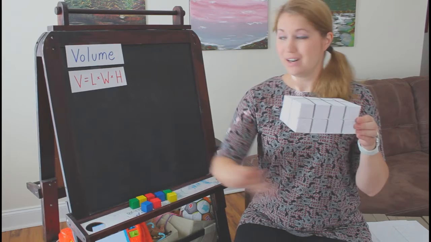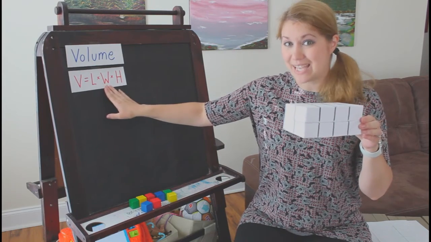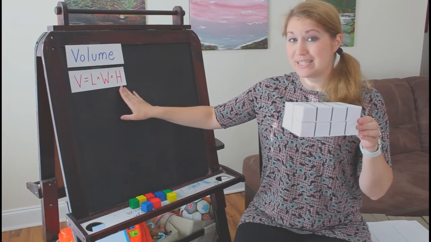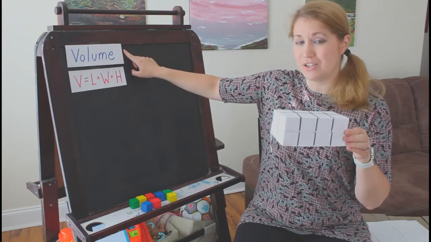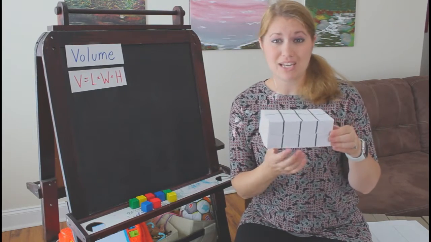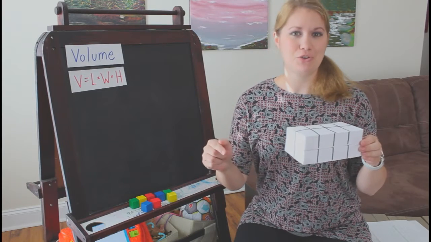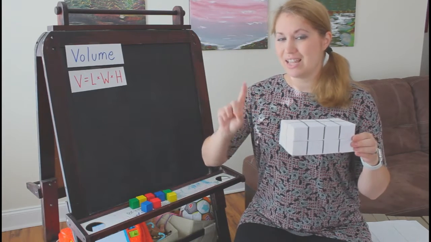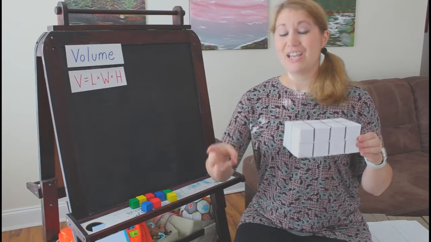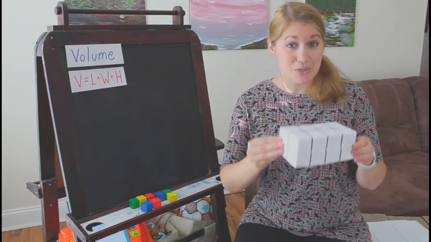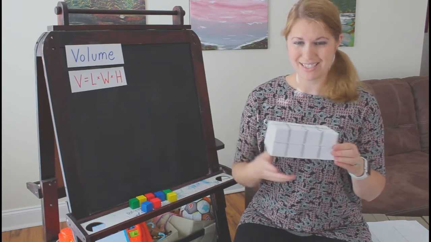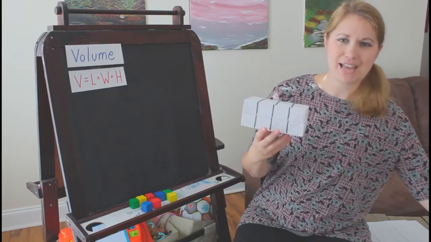So 4 times 2 is 8. 8 times 2 is 16. So our volume is 16 units. What were we putting after it? That 3, cubed. 3 dimensions, length, width, and height. So 16 units cubed.